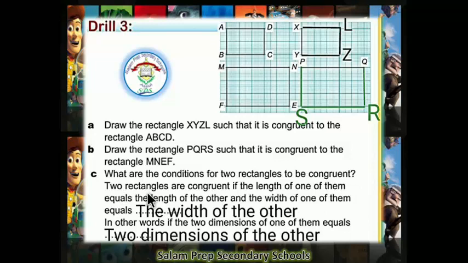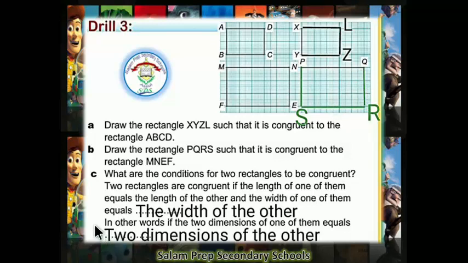Two rectangles are congruent if the length of one of them equals the length of the other, and the width of one of them equals the width of the other.